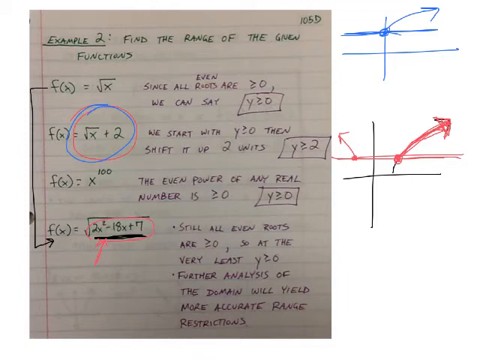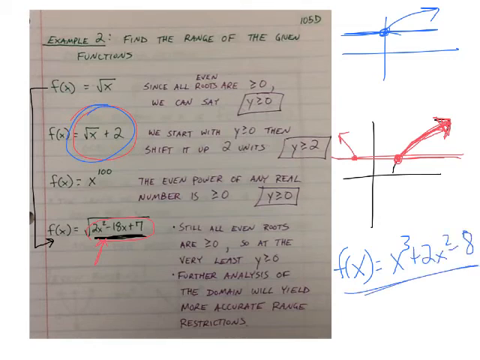So we finally arrive at y is greater than or equal to 0. One last quick example. We'll just say f of x is equal to x to the third plus 2x squared minus 8. We should remember that the domain and range for all polynomials is all real numbers.